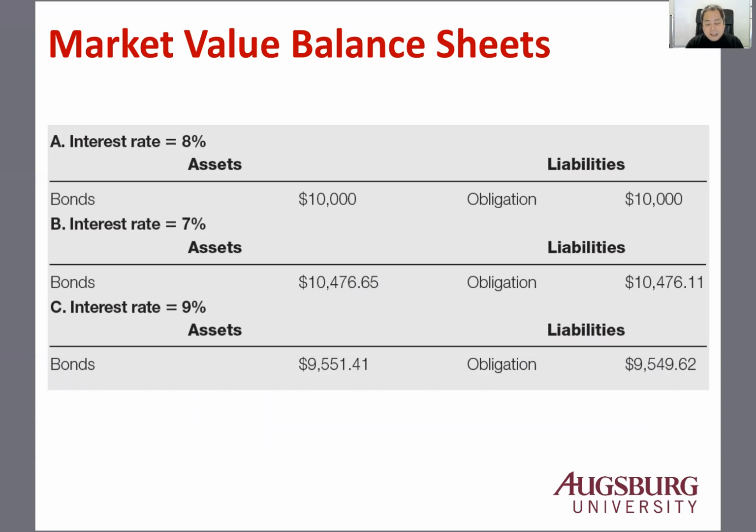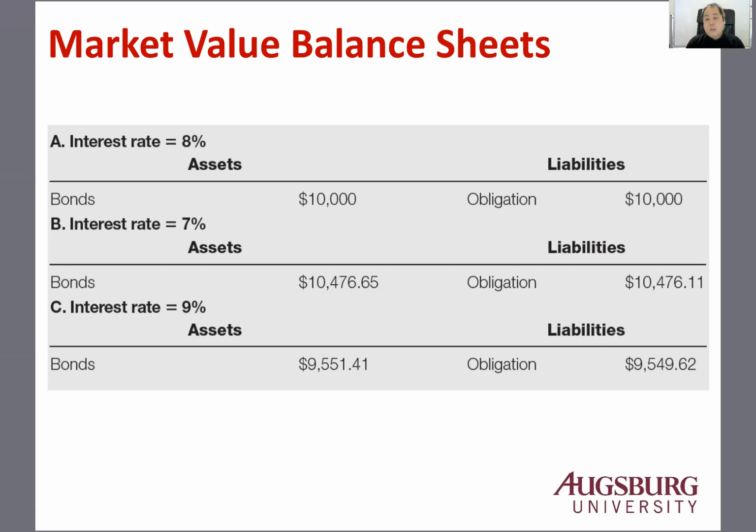So the asset side is $10,476.65. And for the liability side, the zero coupon bond, you're going to get 10,476.11, which means your asset is greater than liability, so you can cover it again. Interest rate rises to 9%, so both bonds decline, right?